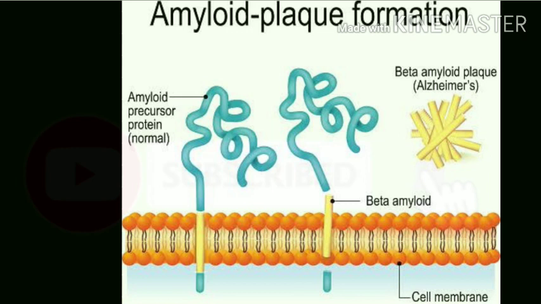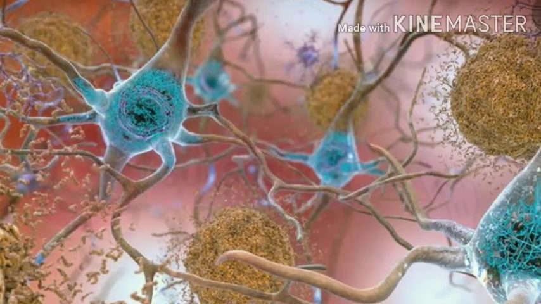Beta amyloid is a fragment of a protein snipped from another protein called amyloid precursor protein, or APP. In a healthy brain, these protein fragments would break down and be eliminated. In Alzheimer's disease, the fragments accumulate to form plaques, that are the senile plaques.